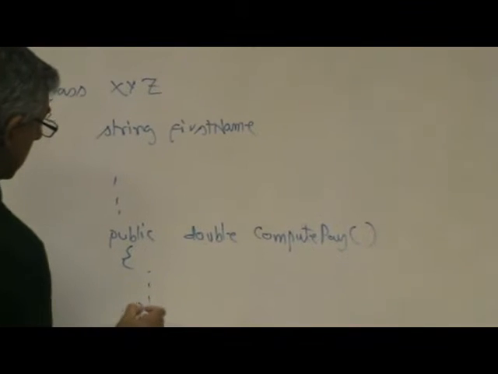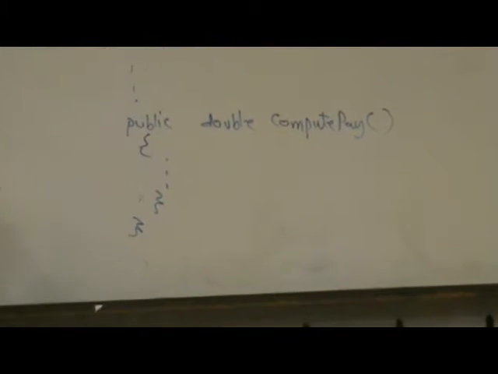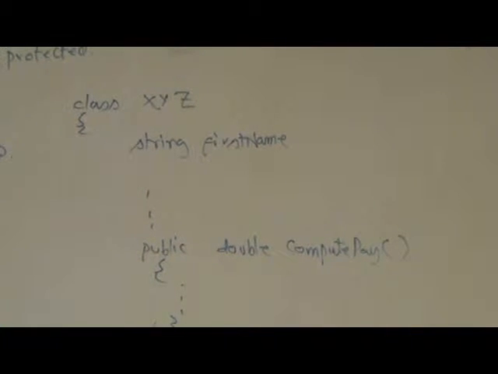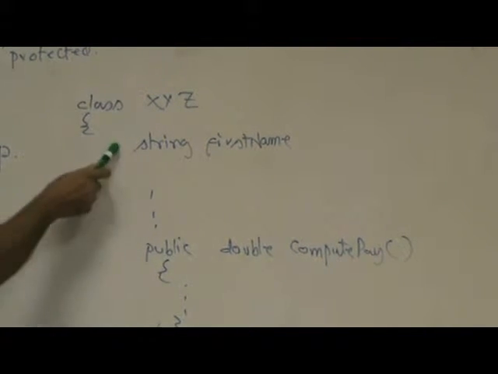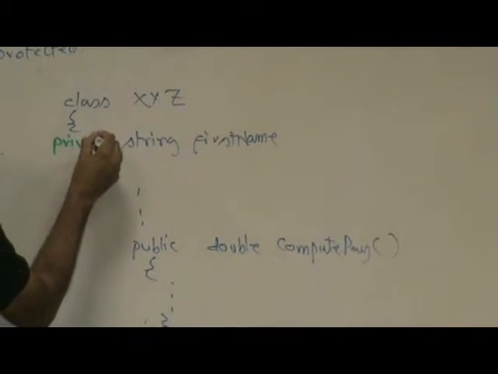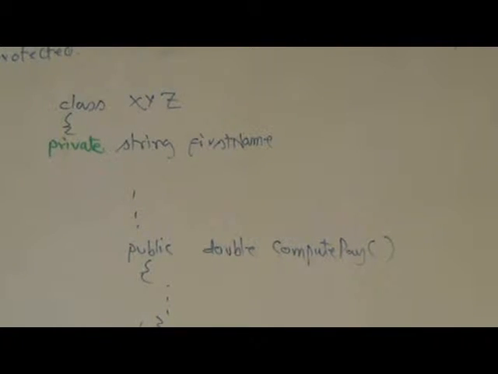As far as data is concerned, meaning the variables inside the class, what is the best practice from an object-oriented point of view? Keep it private or public? Private, right? And the default is private anyway, so that even if we don't write it, it will be private.